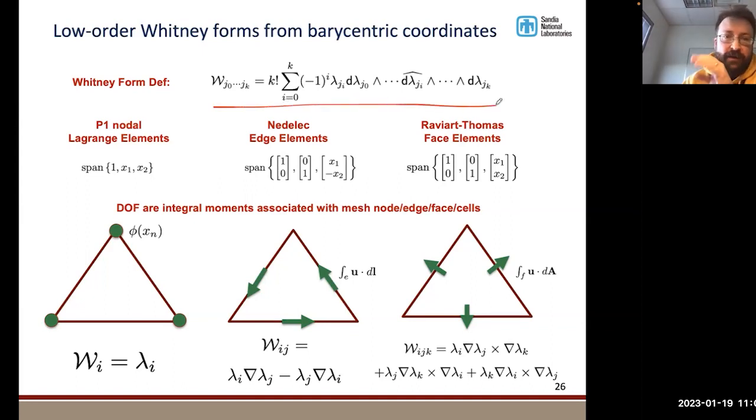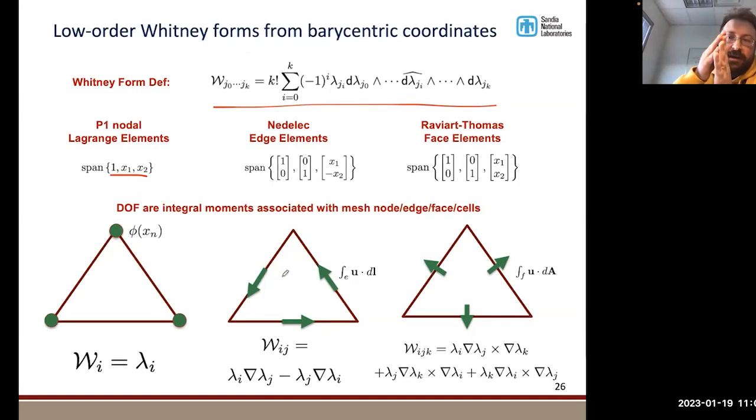It's a scary formula, defined abstractly, but at the end of the day, you can define the finite element space a different way: you take the nodal degrees of freedom for the lowest order, first order Whitney forms, and you find on each element the interpolant of this space. These two descriptions are equivalent.